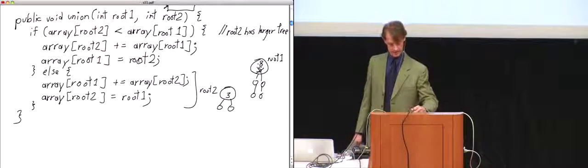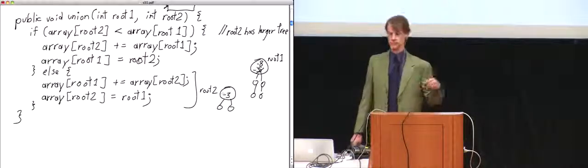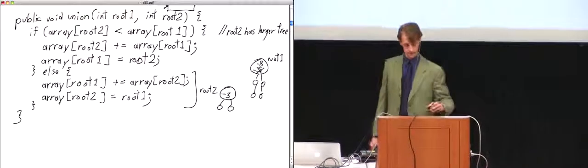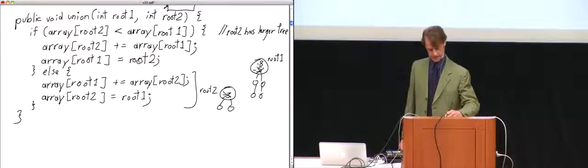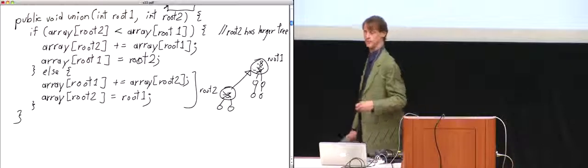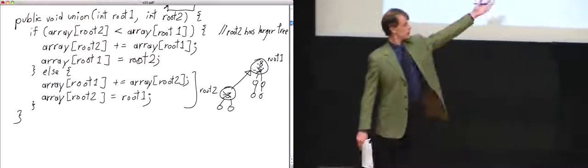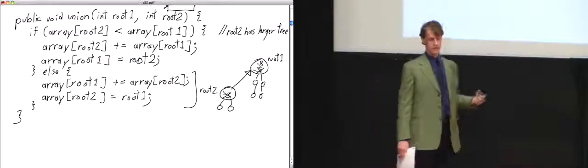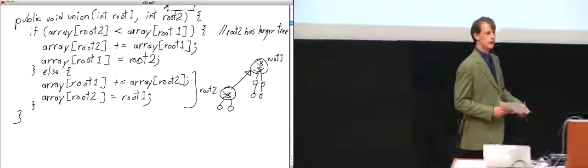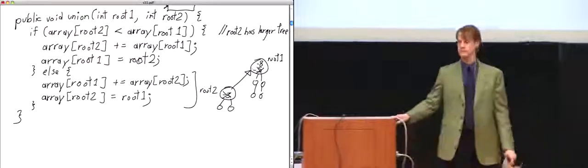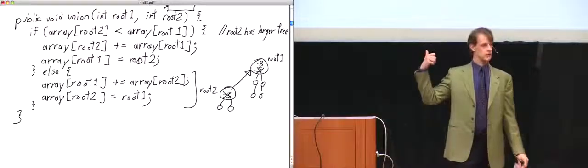Actually, it says -8 because these are really negative numbers. And then the second line of code replaces the size of the tree with a pointer that says root 2's parent is root 1. That's what those two lines of code do. And since the array is our only representation of the tree, that changes the tree. Other questions about this code?